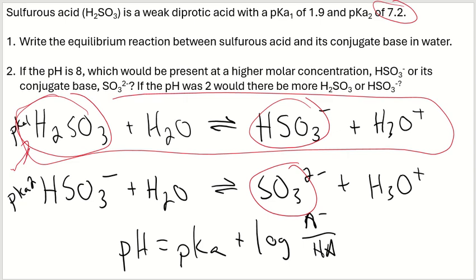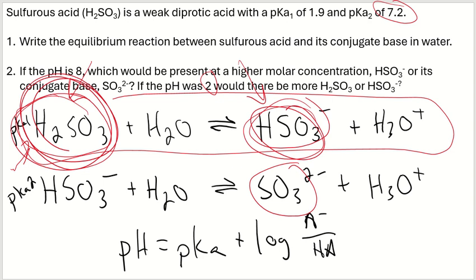If the pH was 2, that is greater than my pKa value, meaning I'll have more of the conjugate base, not the acid. At a pH of, let's say, 1, the pH is less than the pKa, you would have more of the acid, less of the conjugate base.